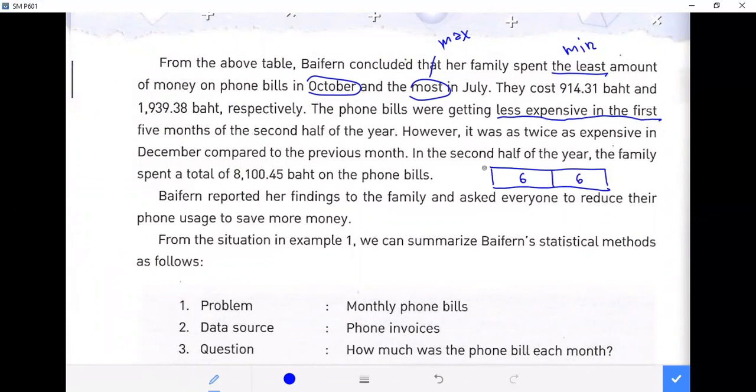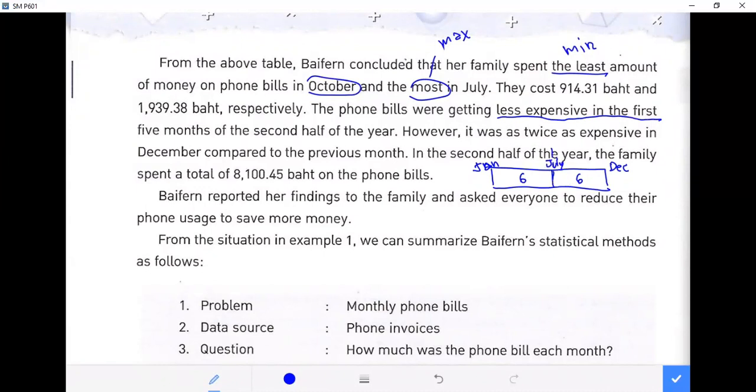The first 6 months start from January. Your year starts from January and ends in December. What is in the middle? May, June, so that one would be July. The second half starts in July.